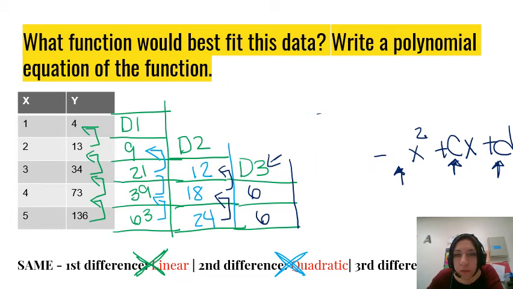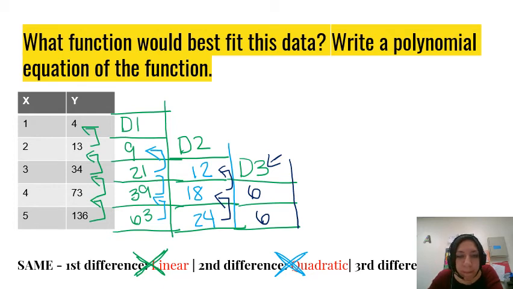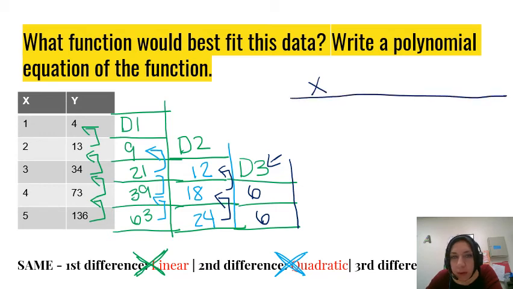So I'm just going to erase this so I have some room. And you would set up the other table by doing your same values for x, which were 1, 2, 3, 4, 5.